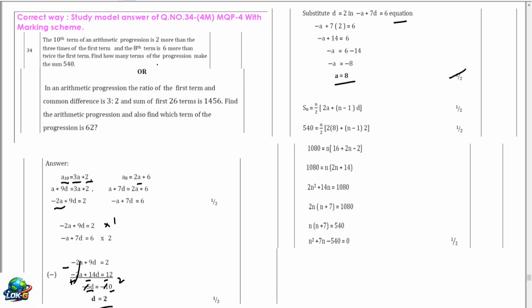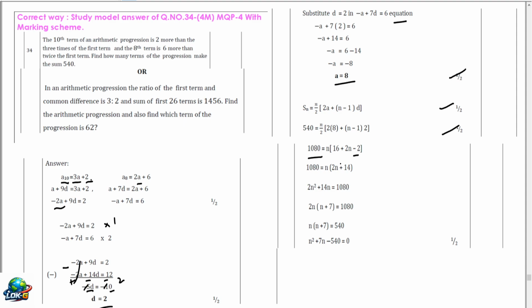Find how many terms of the progression make the sum 540; n is asked. Sn is n by 2 into 2a plus n minus 1 into d. If you write the formula, half mark; substitution, half mark. You take 2 to the left, you will get 540 into 2 is 1080, equals n into 16 plus 2n minus 2.